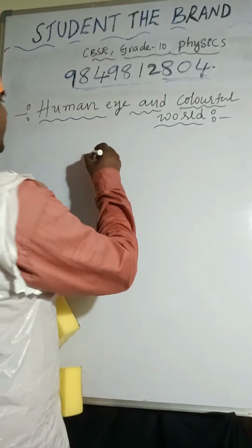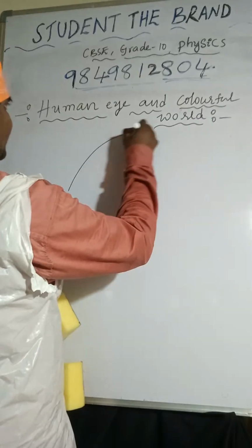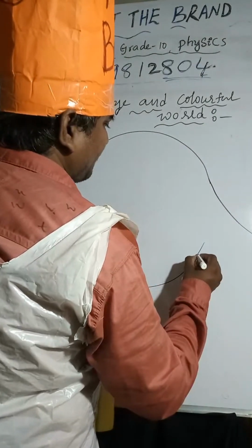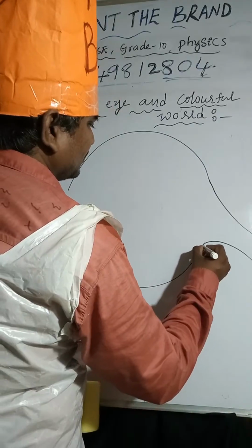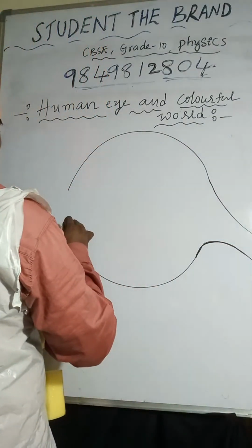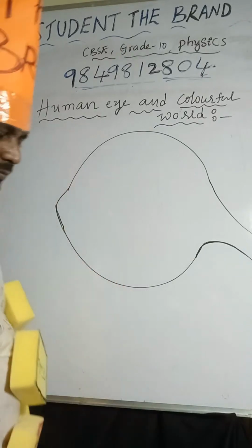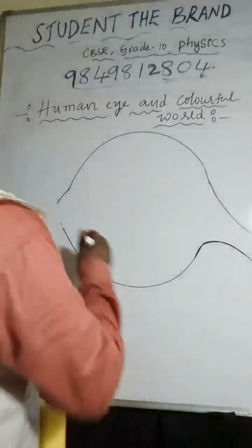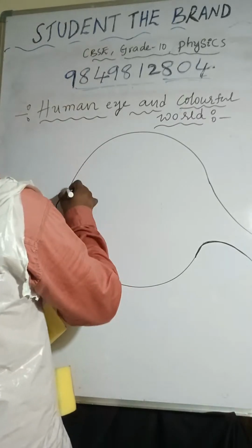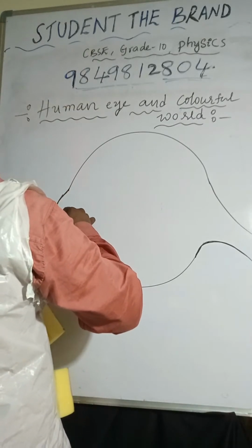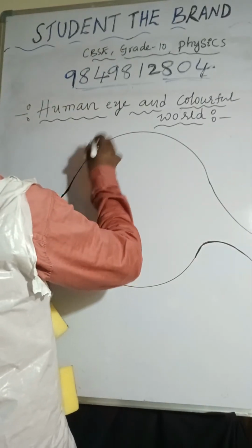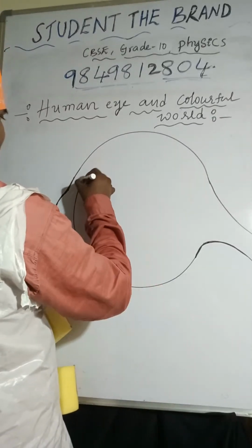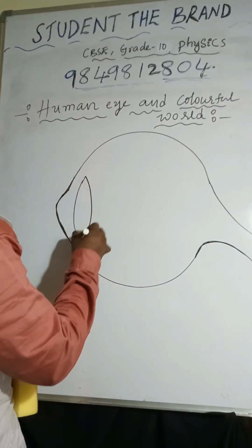So drawing the diagram. I'm taking the lens here, a convex lens. What lens is there in the eye?